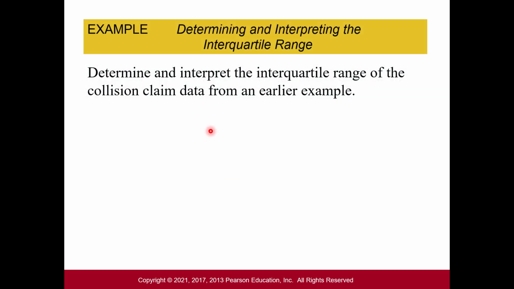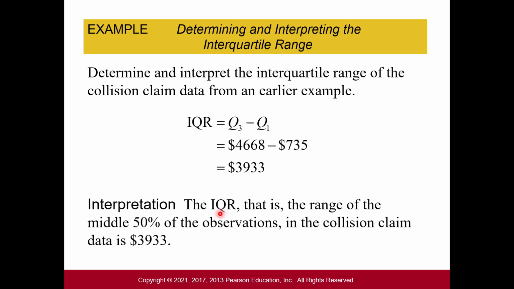So we're going to determine and interpret the interquartile range of the collision claim example. So our Q3 value, if you recall, was 4,668, and our Q1, quartile 1, value was 735. So the IQR, or interquartile range, is $3,933. So the IQR of the middle 50% of observations is 3,933.